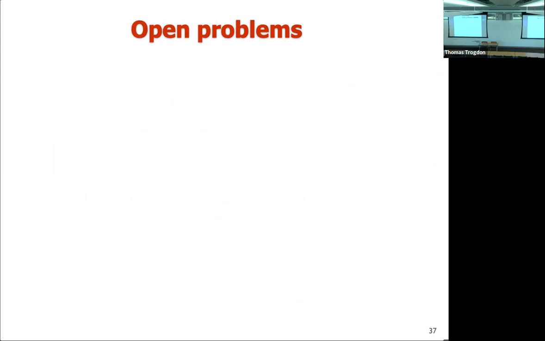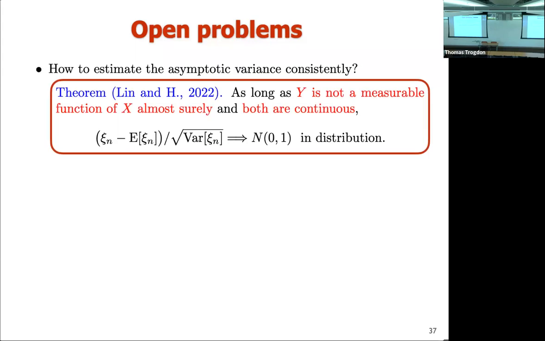I'll start here now. The first one is how to estimate the asymptotic variance consistently. We show the normalized version of Chatterjee's coefficient is standard normal.